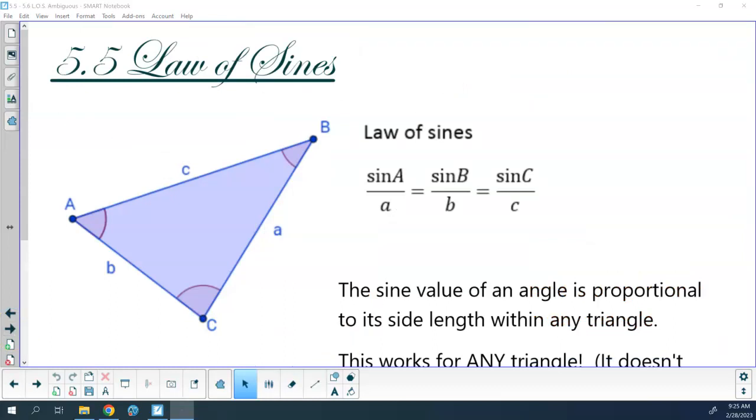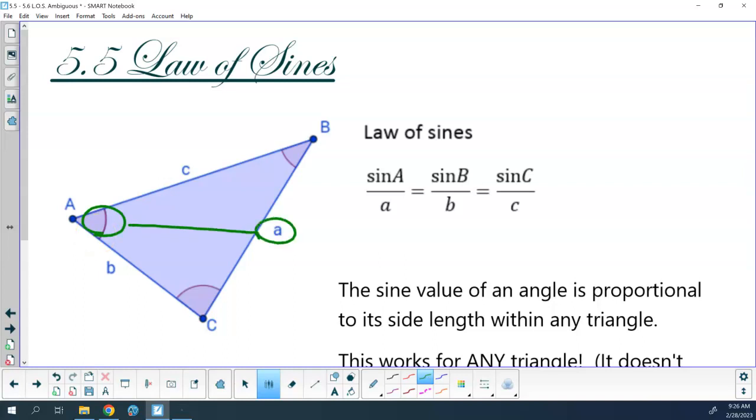So last week, Friday, you should have learned all about the law of sines. And the law of sines is the simple law in terms of law of sines, law of cosines. Law of sines is much easier, but it's more restrictive. So you have to have an angle and its opposite side.